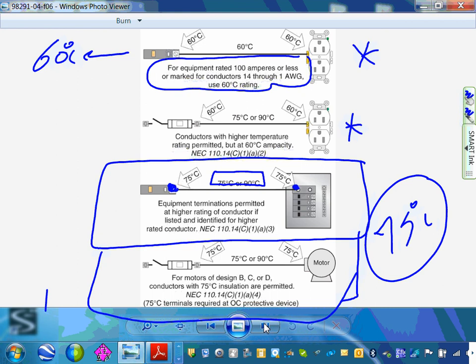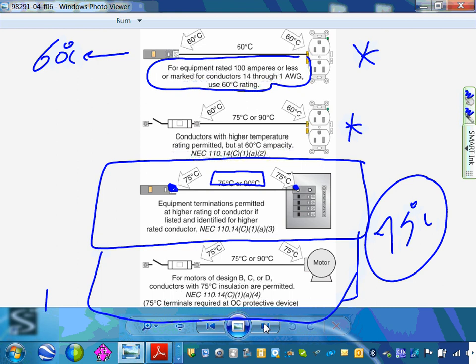When do we use a 60? If we know that the equipment, lugs or conductors, are rated for it. We control the conductor, guys, so don't ever think of conductor 60. Why? Because we control it. We decide. We use MC cable, THHN/THWN. The only thing that we don't control is the lugs. If the equipment is three-phase, lugs are always defaulted to 75. Don't worry about it. 75. If the equipment is single-phase, then if it's 100 amps or less, 60.